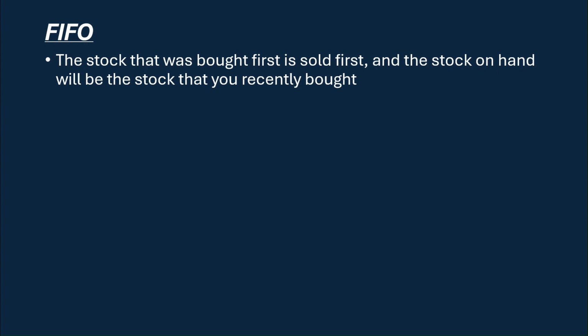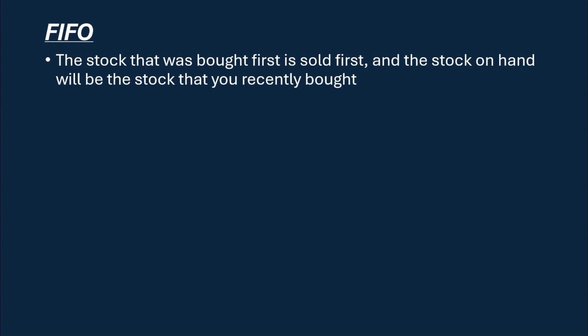So if I already had stock in the business and I buy new stock, the stock that was already in the business before is the one that's going to go out first. Then the one that just came in will be the stock on hand, right? Because those are the ones that are recently bought.